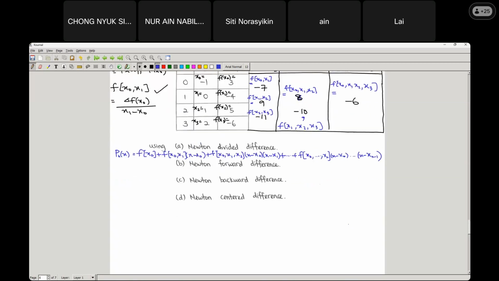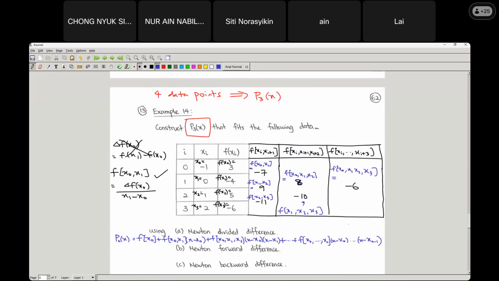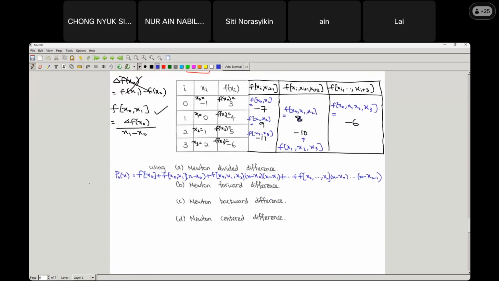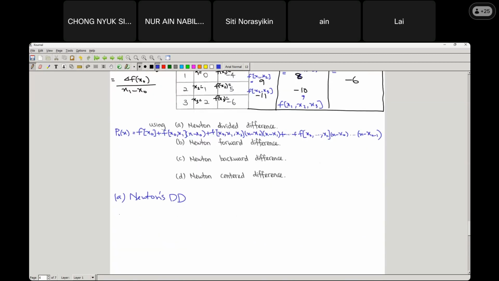Now you want to find P3, right? So part A, for the Newton's divided difference, I want to find P3(x). This is the formula for part A. So P3, that means my n is equal to 3.